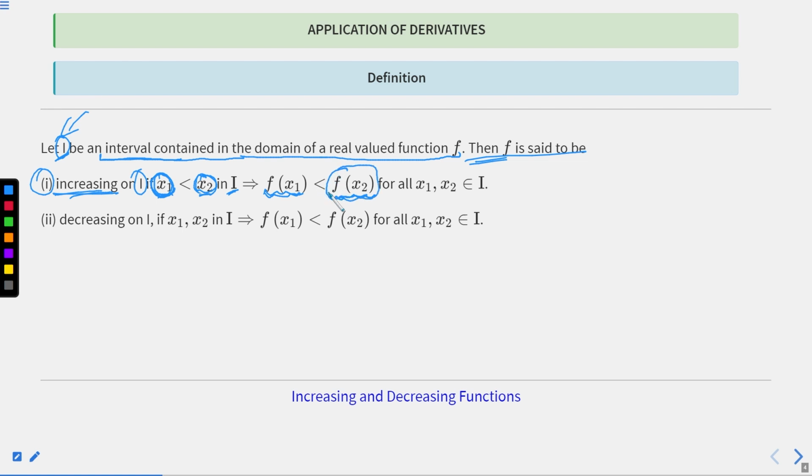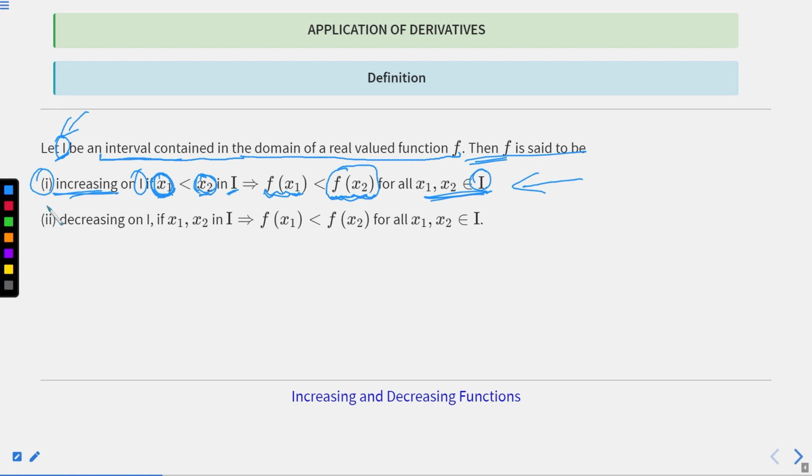Simple. So if this is happening for all x1, x2 belonging to the interval I we picked, then you can say your function is increasing in that interval. We are talking about only the interval.